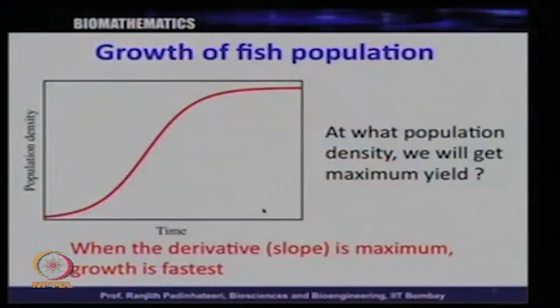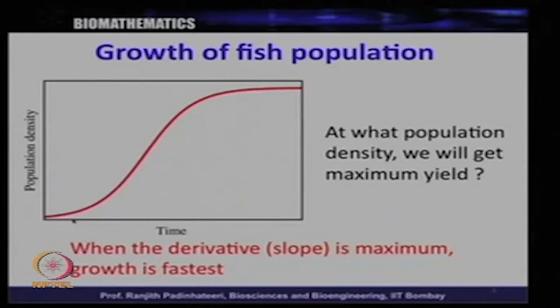If you plot the population density versus time, we had got the following graph, which we got a few lectures ago when we were discussing functions. So, what does this mean? Let us take the time in days. So, time is this x axis in days.